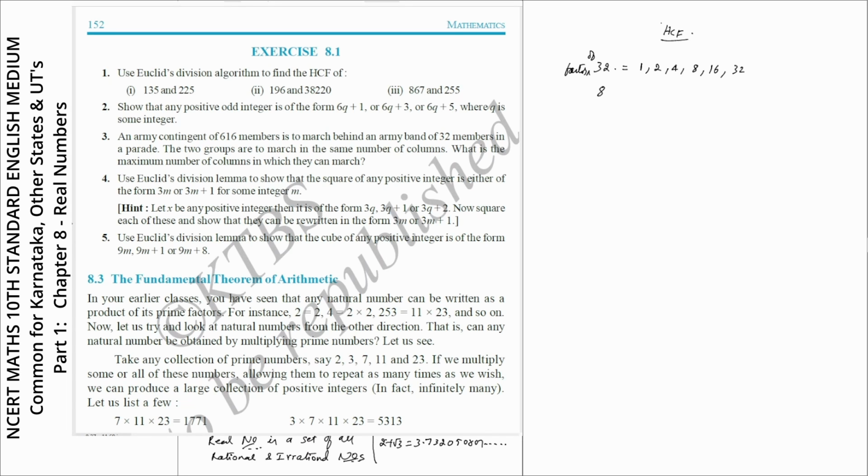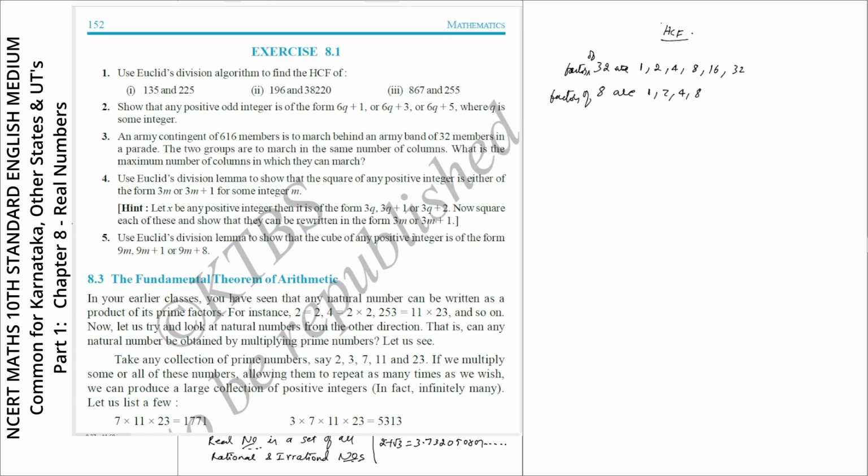Then the factors of 8 are, what are the factors? 1 is a factor of 8, then 2 is a factor of 8, then 4 is a factor of 8, then 8 is a factor of 8. Among the factors, which is the common highest factor?